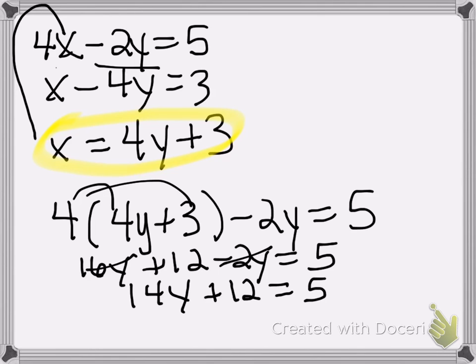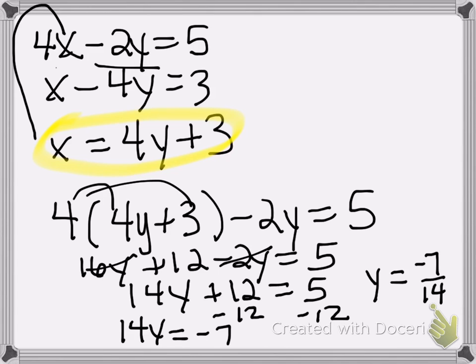Now I'm going to move my 12 over by subtracting it. So I have 14y equals negative 7. I'm going to divide both sides by 14, and I'm out of room, so I'm going to come over here, and that's going to be y equals negative 7 over 14, and that's negative 1/2.